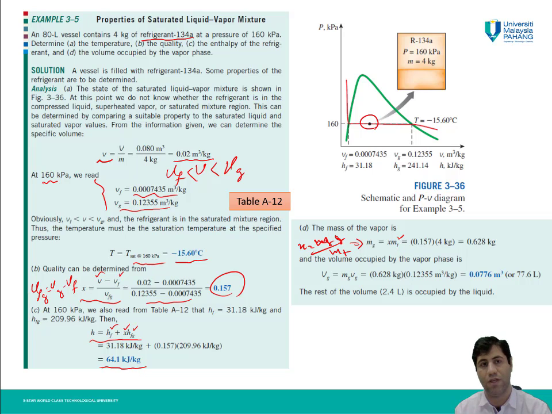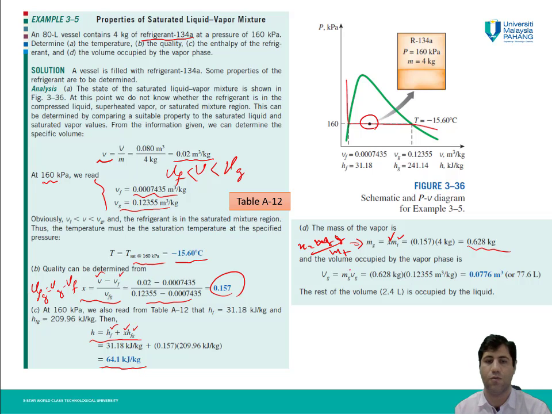We have mt, which was given as 4 kilogram, and also we have calculated x, 0.157, and by substitution we can have the mass of the vapor in this mixture.